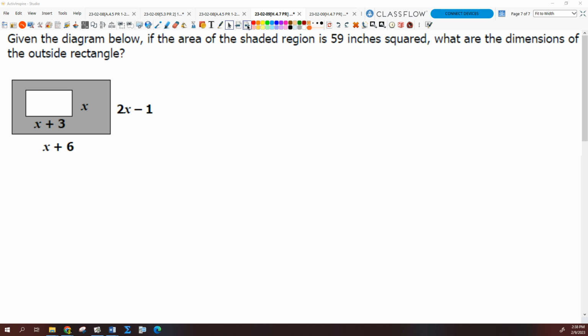How could I come up with the area of the shaded region geometrically? Yeah, I could do area by subtraction, right? The big rectangle minus the little white rectangle gives me the area of the shaded region. Agreed?